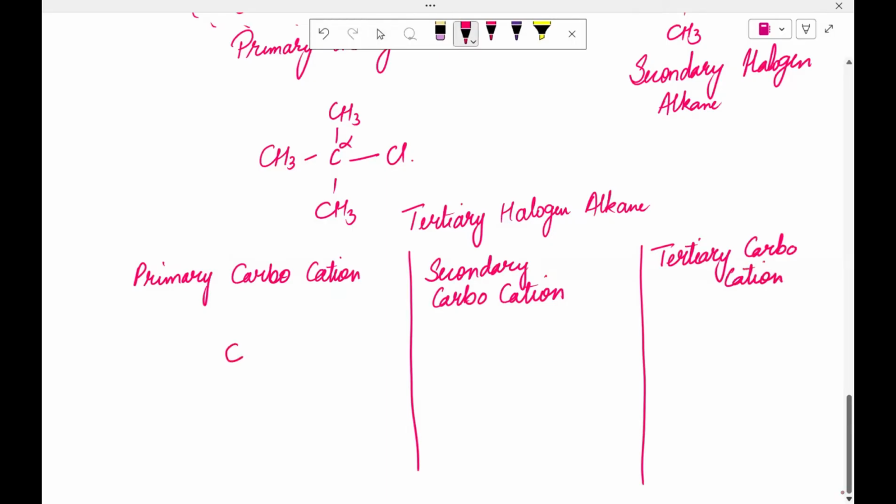Primary carbocation is the one which is attached with one alkyl group. Secondary carbocation is the one attached with two alkyl groups, which could be the same or different. And this is tertiary carbocation.